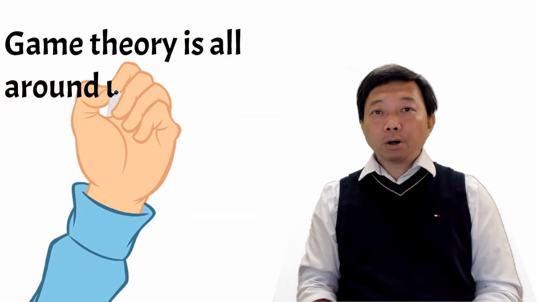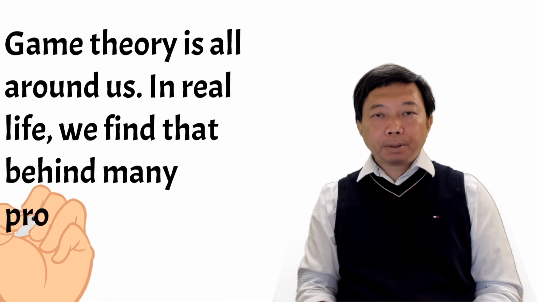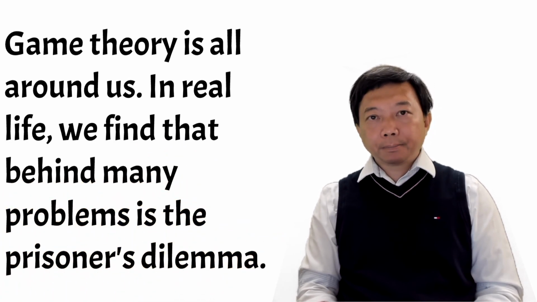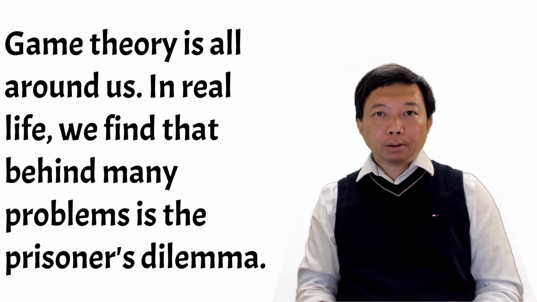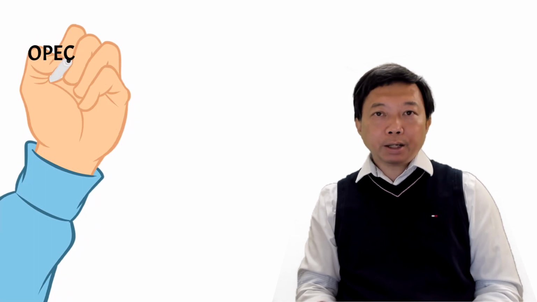Game theory is all around us. In real life, we find that behind many problems is the prisoner's dilemma. For example, the Organization of Petroleum Exporting Countries, OPEC, cooperates to limit oil production in order to maintain oil prices.